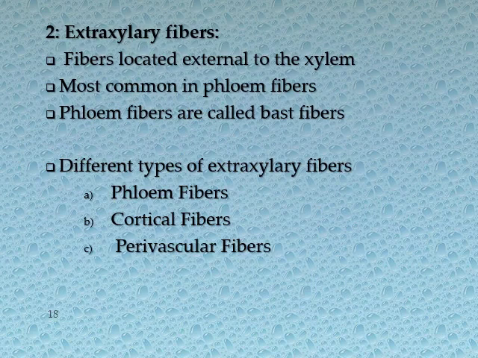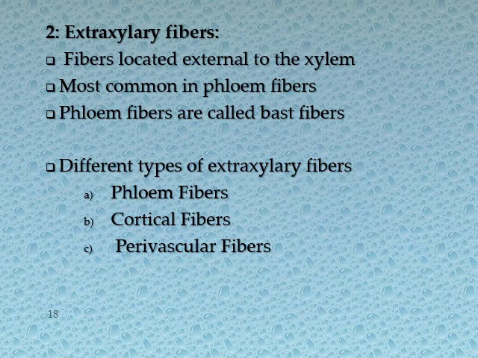So the second type of fiber is extraxylary fibers. These fibers are present outside the xylem. They are usually found in different regions of the plant body. These fibers are also referred to as bast fibers. There are different types of extraxylary fibers.